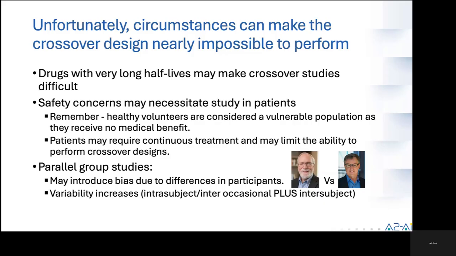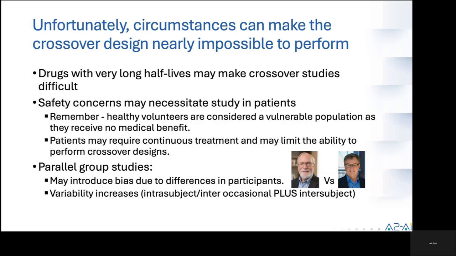So what do you do in those cases? You use parallel group studies. They may introduce a bias due to the differences in those groups of participants. You know, the little figure there is to show you that I differ from Jim immensely.